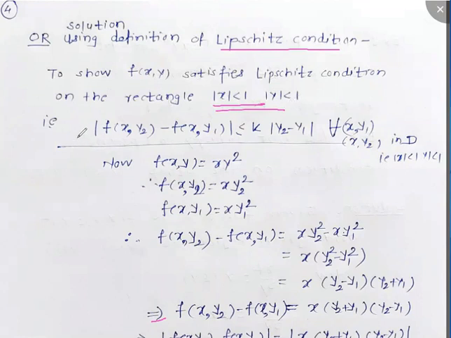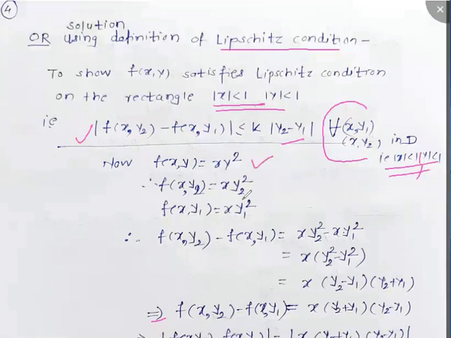Showing that the function satisfies the Lipschitz condition means the modulus of f of x comma y2 minus f of x comma y1 is less than k into mod of y2 minus y1 for all points x comma y1, x comma y2 in the region D. D is mod x less than 1 and mod y less than 1.